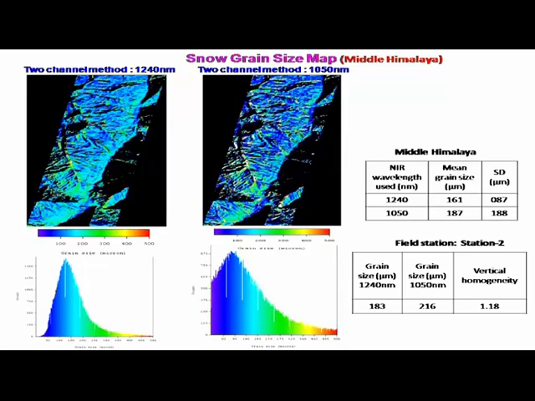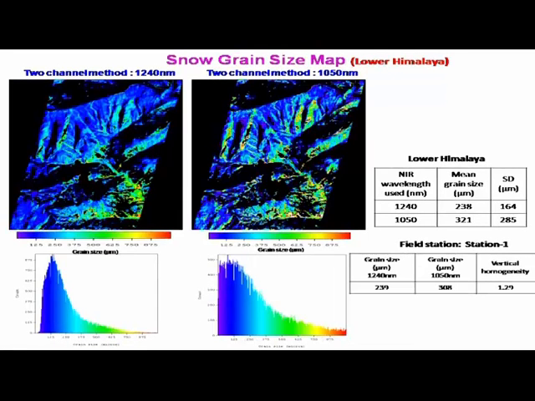And here in the middle Himalaya we have found the grain size is smaller compared to our lower Himalaya. The reason is simple: in the lower Himalaya the temperature conditions were very high, and because of that the metamorphism proceeds very fast in the lower Himalaya region compared to the upper Himalaya.